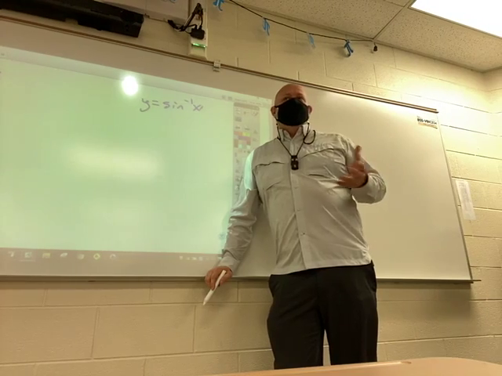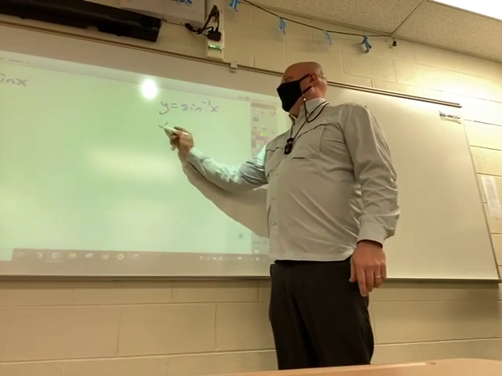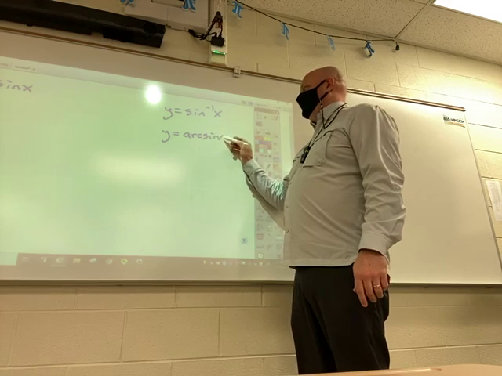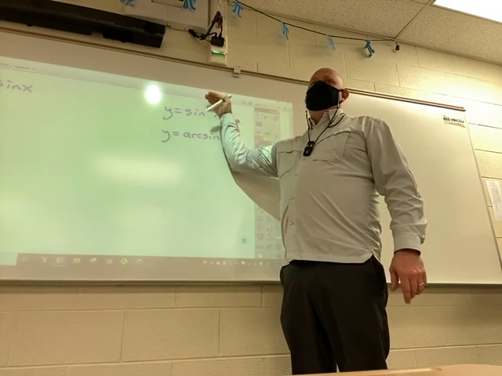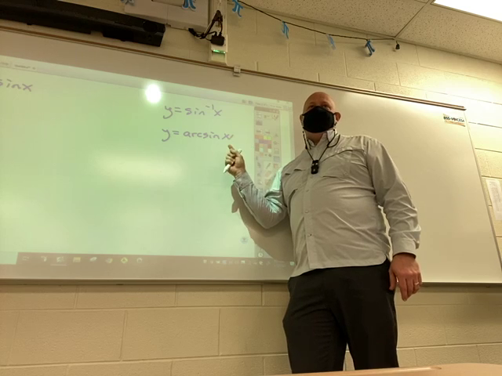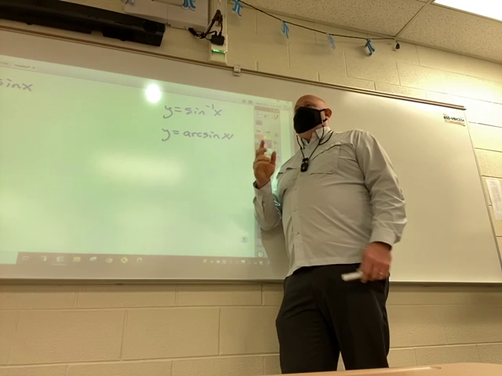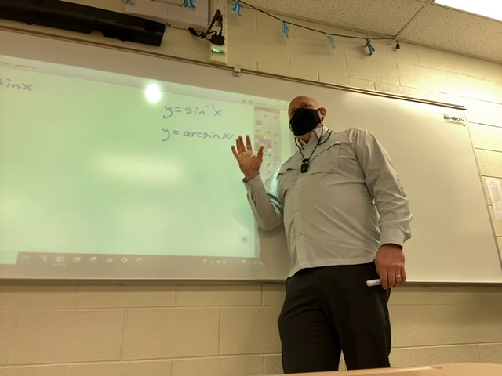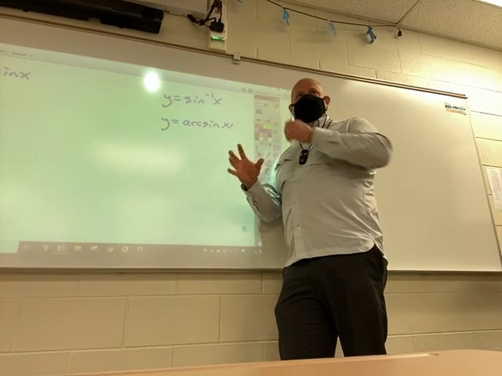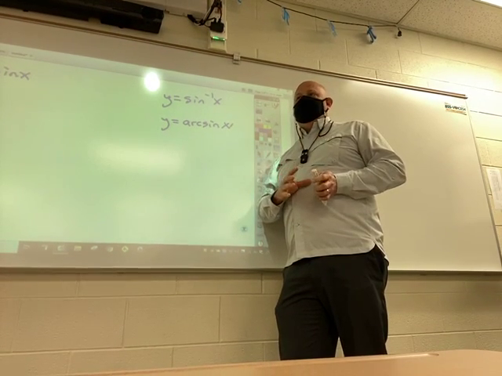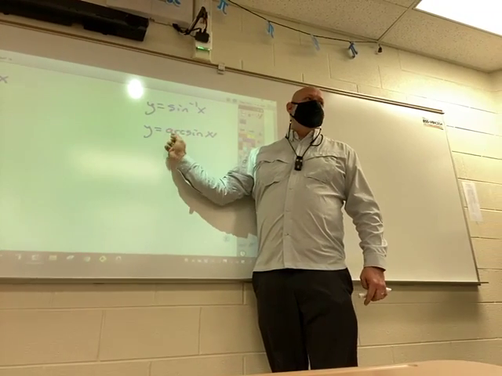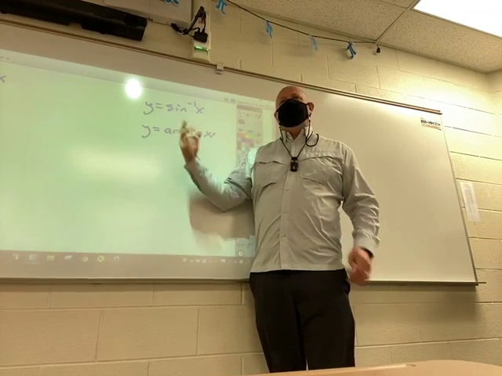That's inverse sine. Another way to name this, these two things are actually the exact same thing. It's a notation thing. Some books, some mathematicians don't like this notation. Some mathematicians write it this way. We'll talk about why tomorrow.